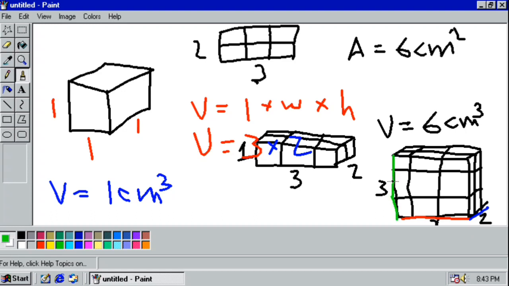So this is the height. So now it's 3. So you're just going to multiply all of them. So our volume is 3 times 2 is 6. 6 times 3 is 18 cubic centimeters. So this is the answer.